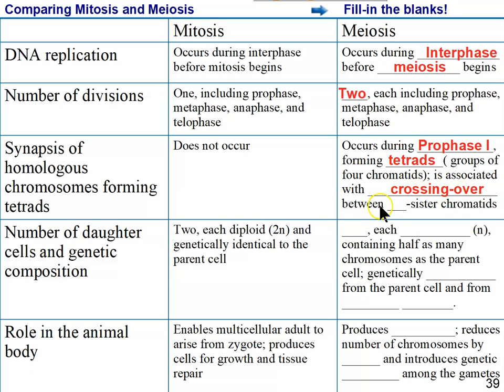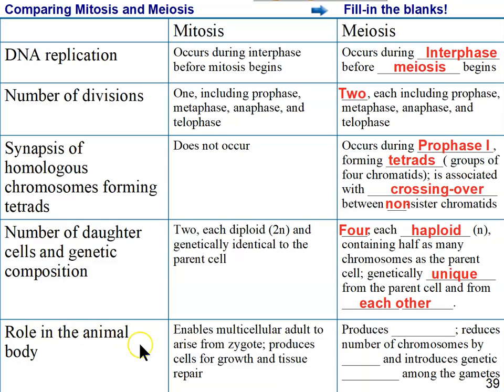And that crossing over is between what we refer to as non-sister chromatids, those being chromatids across a homologous pair of chromosomes. Then the number of daughter cells and genetic composition. In mitosis, there are 2 daughter cells, each diploid, each genetically identical to the parent cell and each other. In meiosis, we have 4, each haploid, which means they have half the number of chromosomes, genetically unique from the parent cell and from each other.